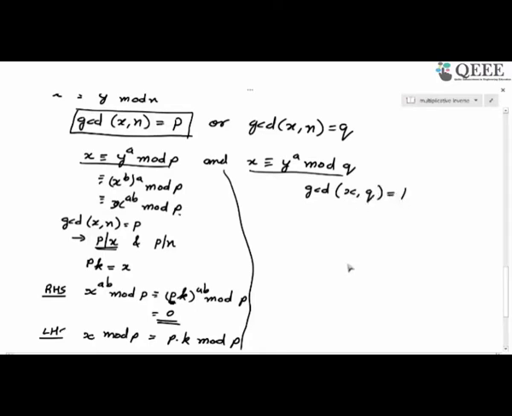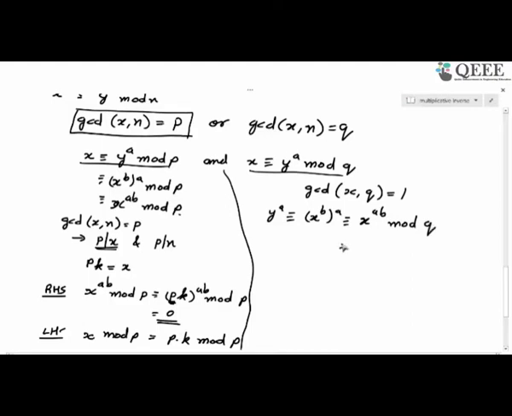Because q is a prime number. Therefore y to the power of a is congruent to x to the power of b to the power of a, which is congruent to x to the power of ab mod q.